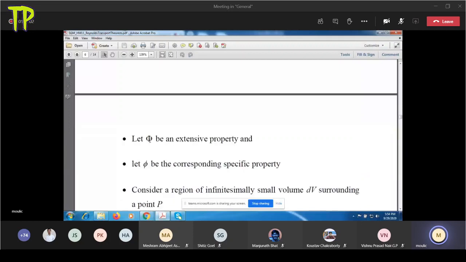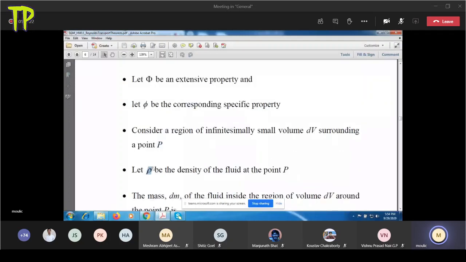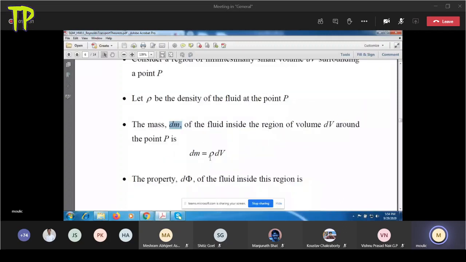Now suppose capital phi is an extensive property and small phi is the corresponding specific property. Consider a region of infinitesimally small volume, say dV, surrounding a point P, and let rho be the fluid density at point P. Then the fluid inside this volume dV will have mass dm, which will be the density times dV.